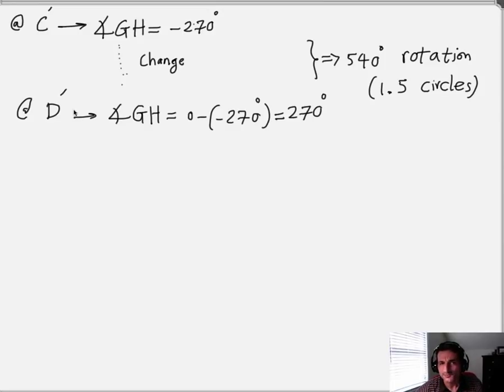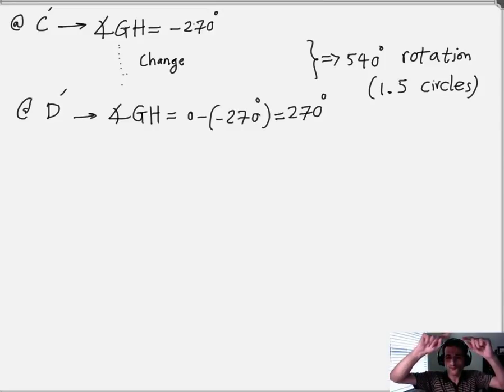At D, and of course I've used D prime because D prime is the mapped point on contour B associated with the point D that was on contour A. For the mapped point, the phase angle is going to be 0 minus negative 270 degrees, which would be 270 degrees. So what does that mean?